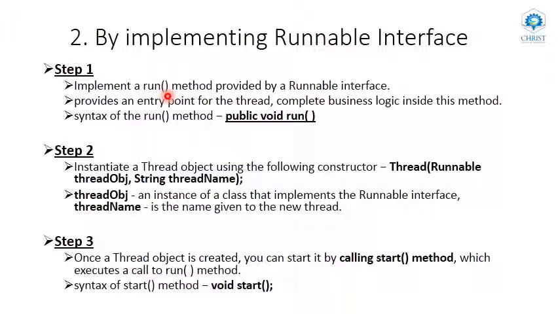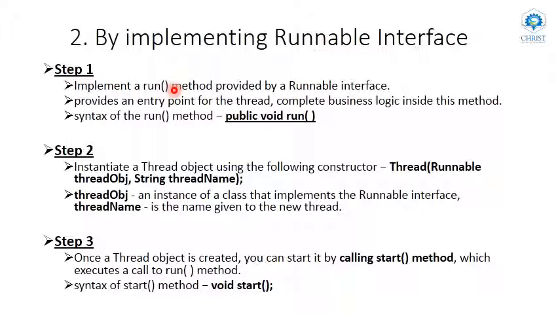Second step is we have to create a thread object, or instantiate a thread object, by calling the constructor of Thread class. We have to create a thread object by using the following constructor. We have seen there are 4 different constructors of class Thread.